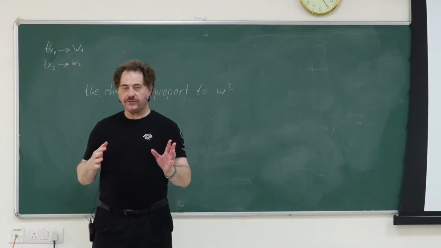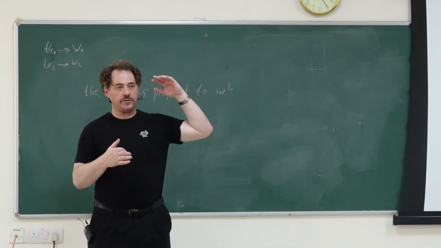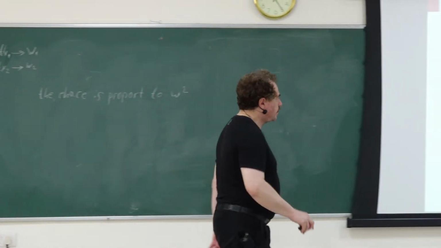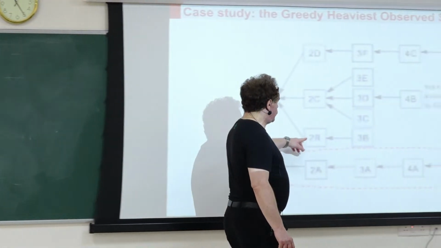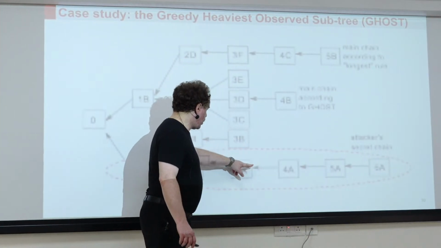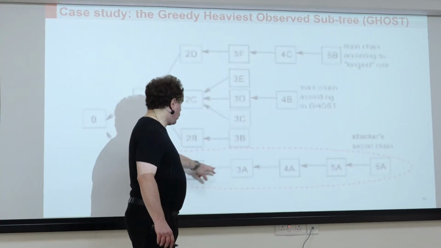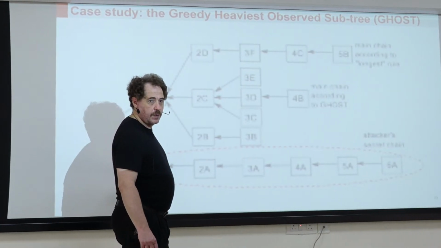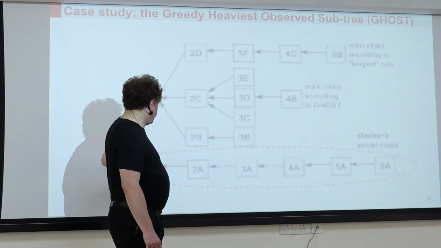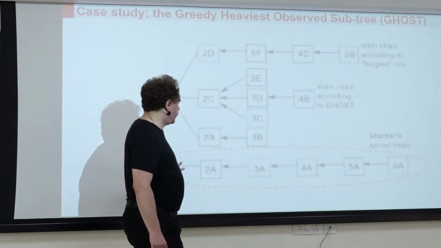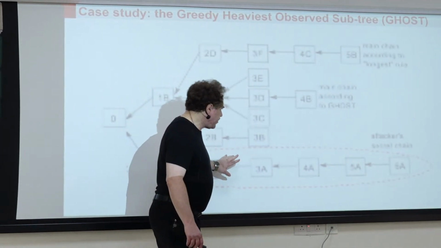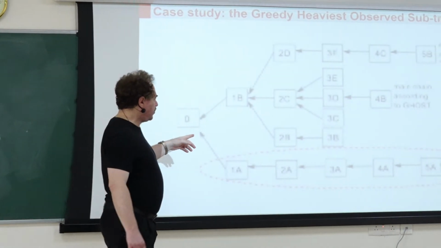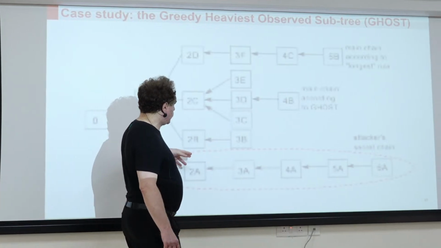So what are uncles? Uncles are nodes, like in the previous slides, which are not on the main chain, but they contribute to the main chain.